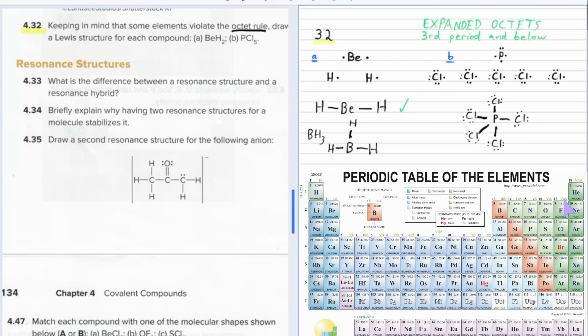Okay, there we go. So that's phosphorus pentachloride. And you can see by forming the 5 bonds, it has 10 electrons around it. So that's an expanded octet. And just be aware that for 3rd period elements and below, expanded octets are possible.